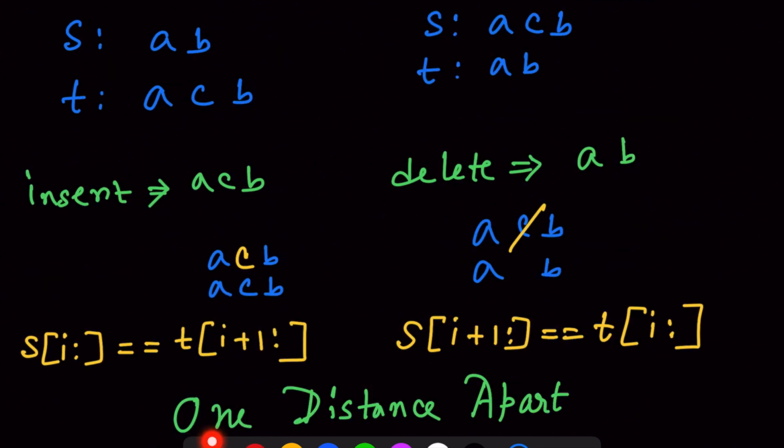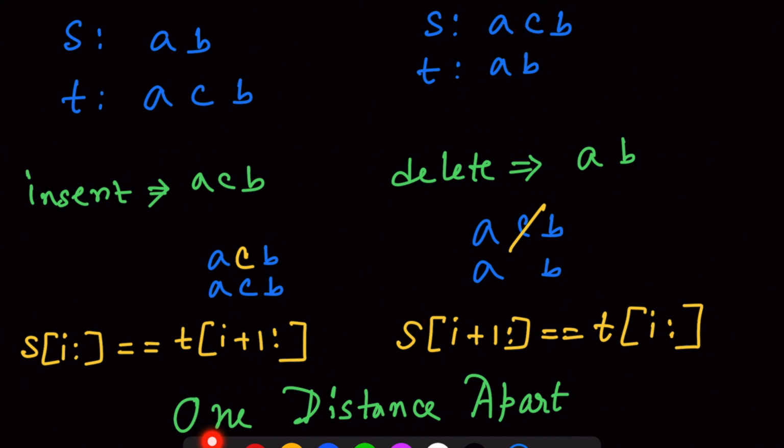Consider here s is AB, t is ACB. Here s is ACB, t is AB. The complete opposite, right? In the first case we have to insert one character between A and B and check accordingly. In the second case we have to delete one character from s and check accordingly.